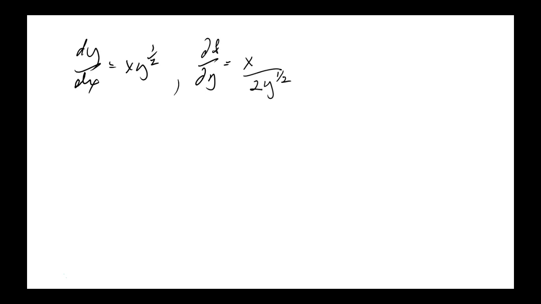Thus, for example, even without solving it, we know there exists some interval centered on, why not 2? You didn't have to choose 2. You couldn't have chosen 0, that wouldn't work. But 2, so x0 is equal to 2.